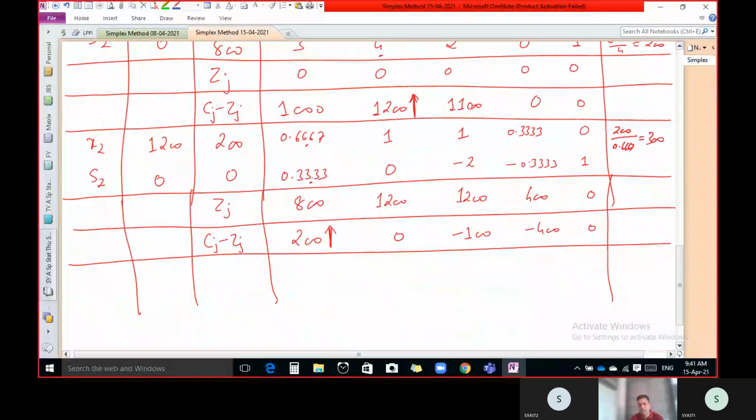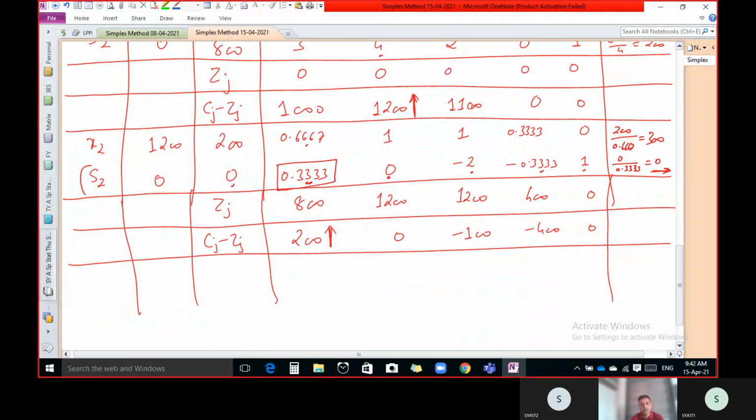And this is also positive. So take the ratio 0 divided by 0.33333. So that is what? 0. And out of these two, we have to select the minimum. Which one is minimum? 0. So this second row is a key row. So this becomes our key element.